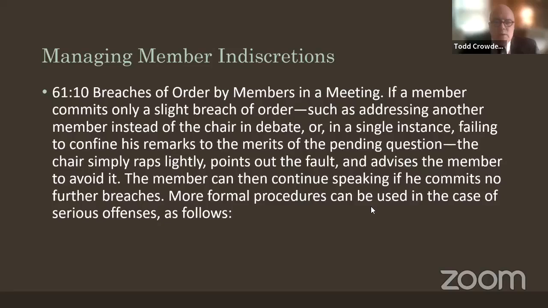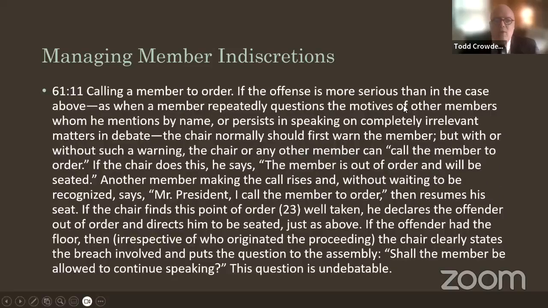More formal procedures can be used in the case of serious offenses as follows. Calling a member to order. If the offense is more serious than in the case above, as when a member repeatedly questions the motive of other members, whom he mentions by name, or persists in speaking on completely irrelevant matters in debate, the chair would normally first warn the member, but with or without such a warning, the chair or any other member can call the member to order.